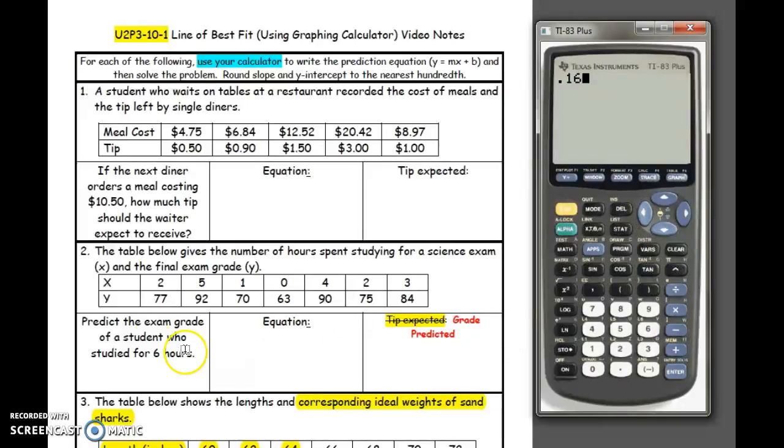We are trying to figure out the tip on a meal costing $10.50, and since that's our x, we put that in for x, so times $10.50. Then we add our y-intercept, which is minus 30 cents, so minus 0.30. Here's our equation: y equals 0.16x minus 0.30. We plugged in $10.50 for x to get our expected tip, and when we hit enter, our expected tip should be $1.38, and that's what you're going to write right here.